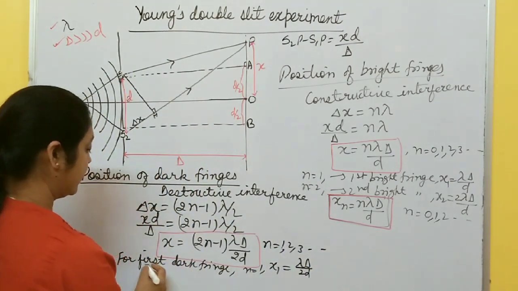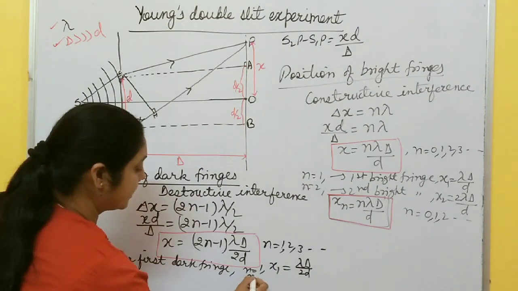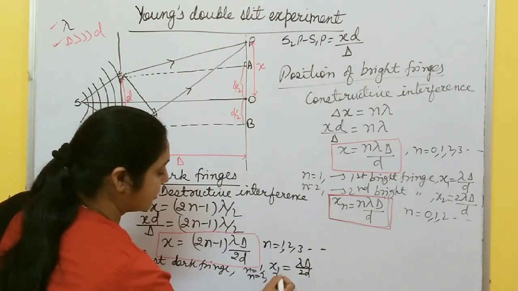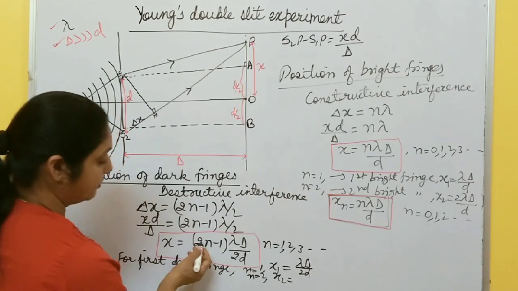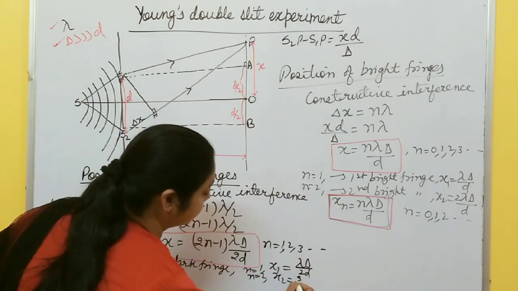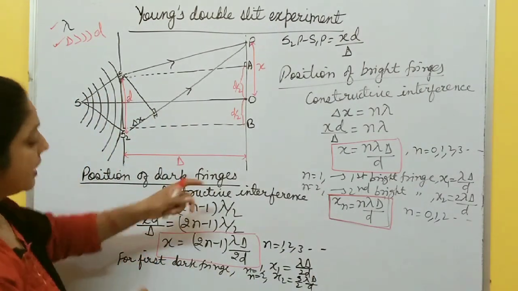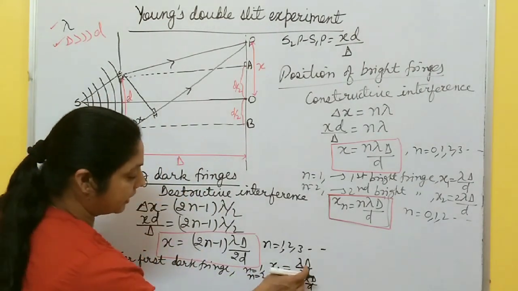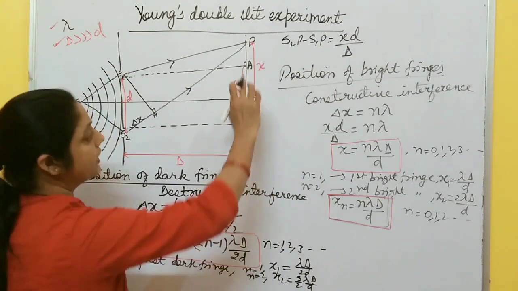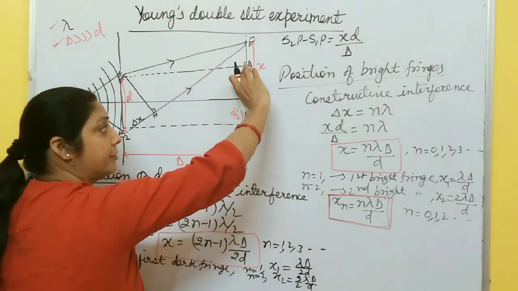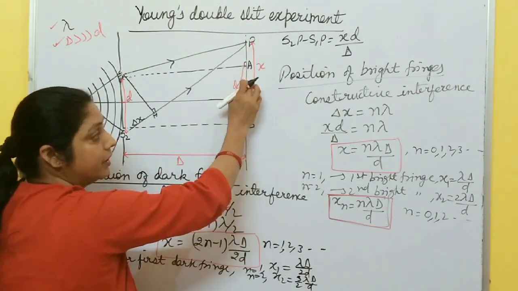In the same way, for the second dark fringe, n equal to 2, x2 is 3/2 λD/d. It means the first dark fringe is formed at this point, λD/2d. So between the two bright fringes, the first dark fringe is formed, right?